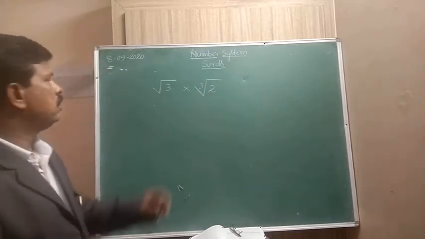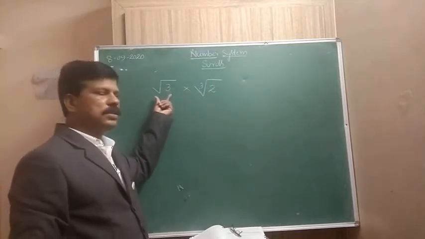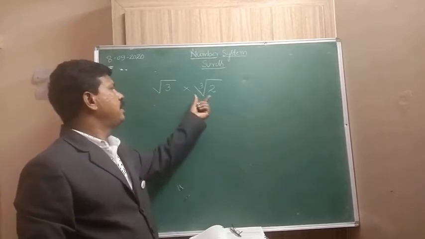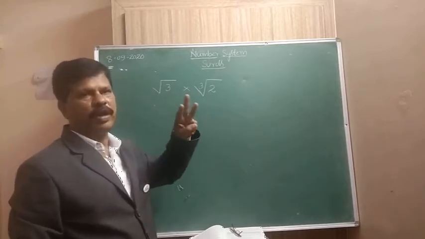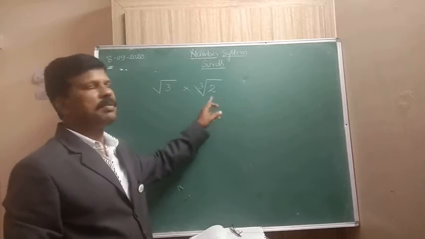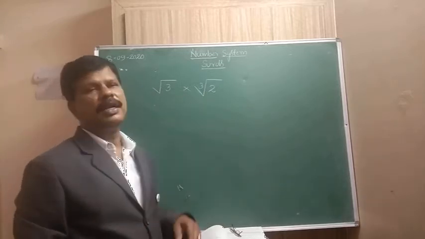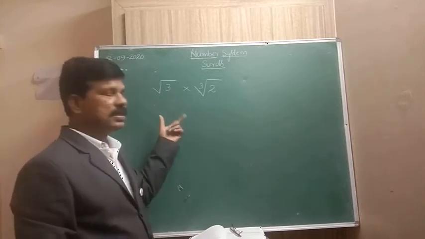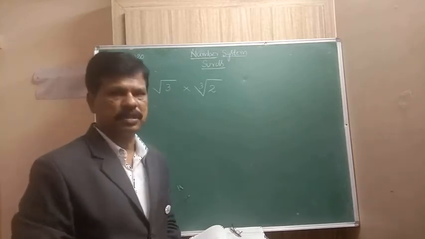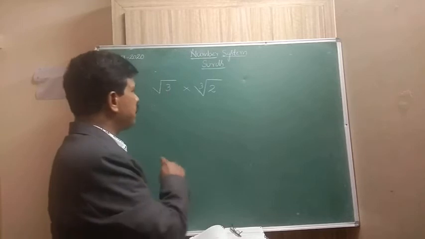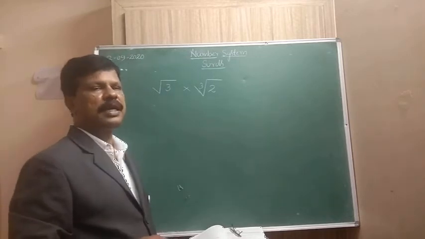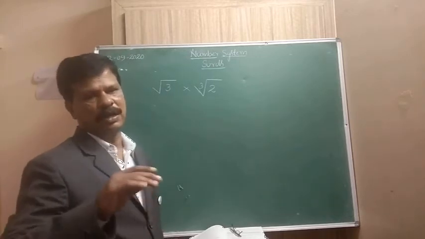Now here are two surds. In this surd the order is 2 and in this surd the order is 3. So we cannot multiply this directly because the orders are different. Now in this case, how to multiply the surds? Here you can multiply these surds by making their orders equal.